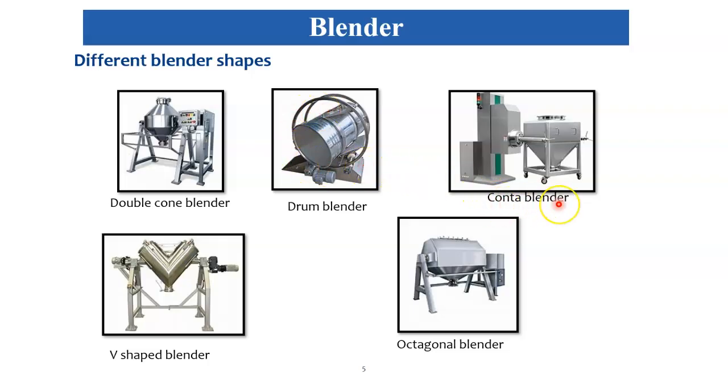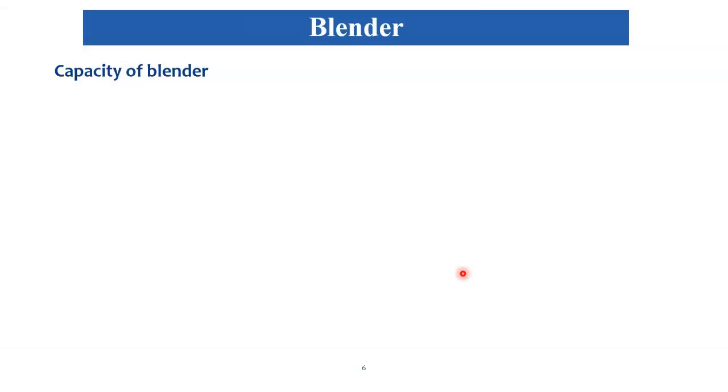Then conta blender having a conta bean body. Then V-shape blender having V-shaped blender body. Then octagonal blender having eight side blender body. That is about different blender shape.